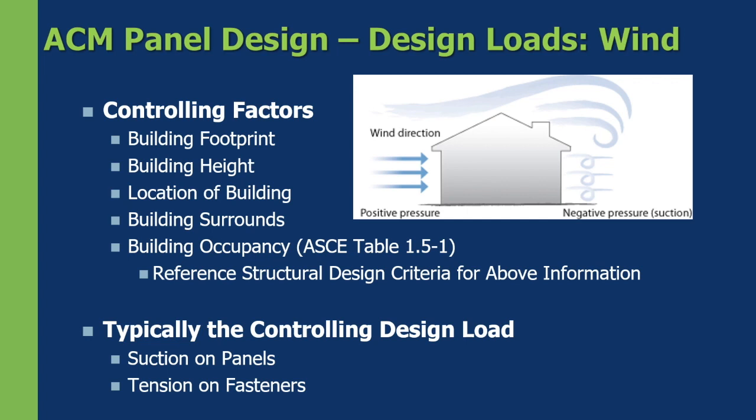And this is important because if a contractor is trying to compare one project to another, they need to understand the difference between these categories, because if they're trying to compare similar building sizes and locations to get a bid prepared for a project, and the bid that they're comparing it to is a category 2 and the new structure is a category 4, your wind pressures for that new building are going to be higher.